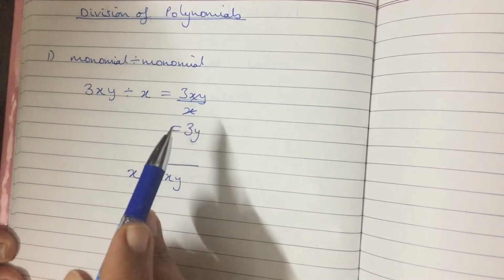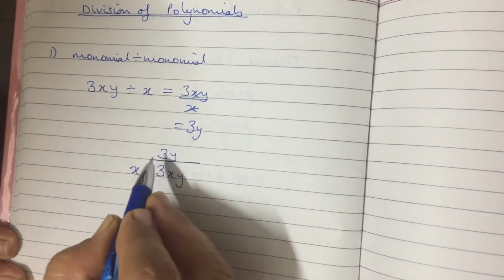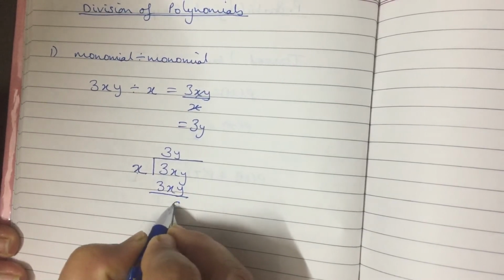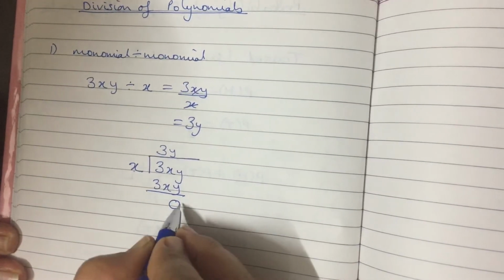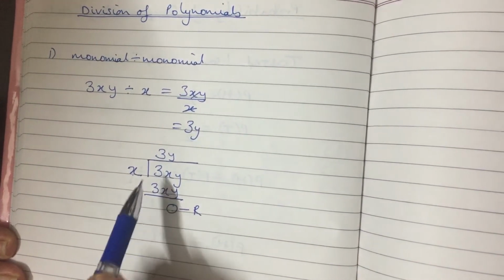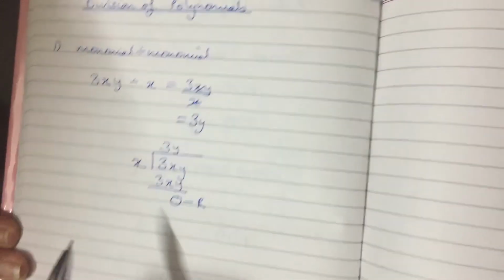So when I had divided, I had got a 3y. So if I write down a 3y here, x into a 3y is a 3xy. And I am getting the remainder as 0. So getting the remainder as 0 means 3xy is exactly divisible by x.